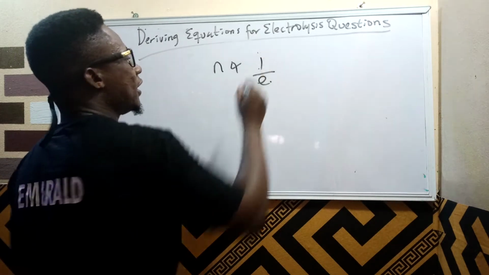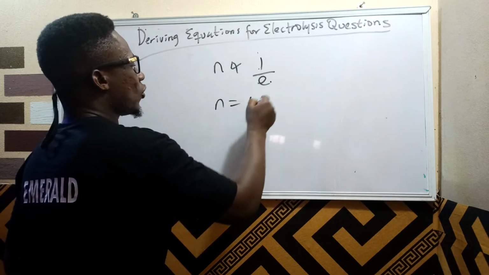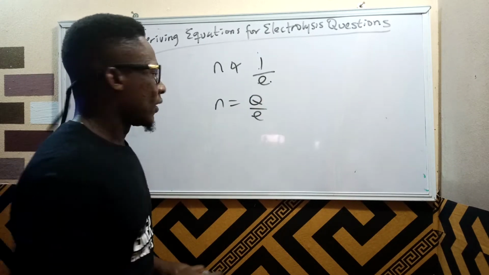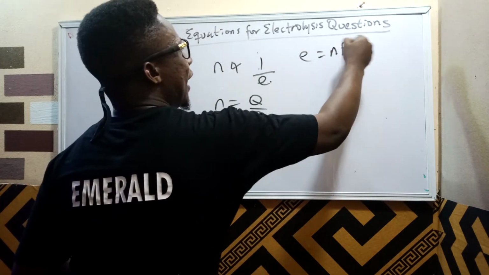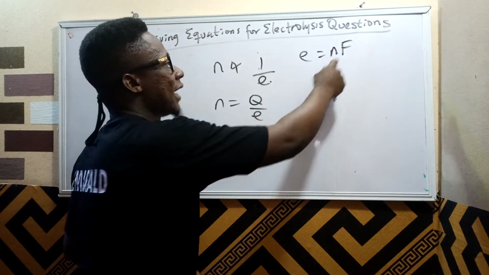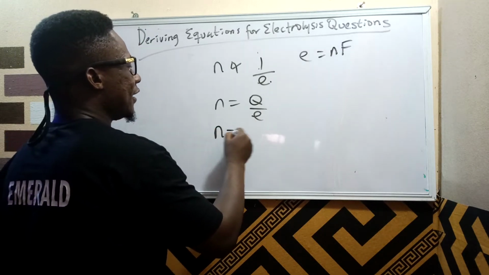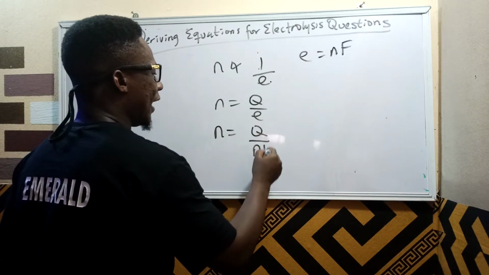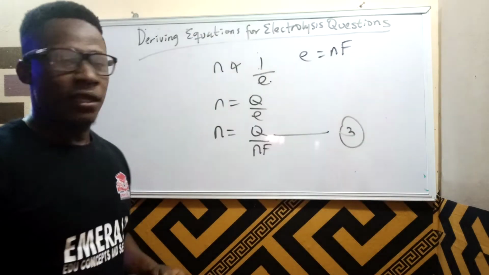To find a constant of proportionality, we can say N is equal to Q over E. Then, since E is equal to nF, that is number of electrons times Faraday's constant, we can say that N is equal to Q over nF. Let's call this equation 3.